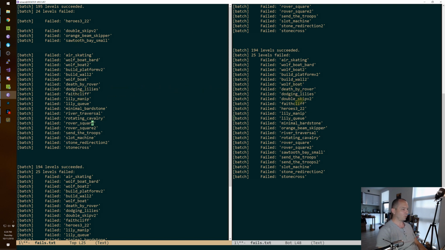Double skip is one of the ones that I moved up. Faith cliff, lily manip, heroes 322 is one of the ones I moved. Lily manip, lily q, minimal bardstone, orange beam, skipper, river, traversal, rotating cavalry, rover square 2. Sawtooth base on the troops, slot machines. Wait, what?